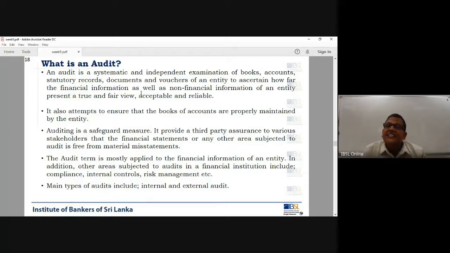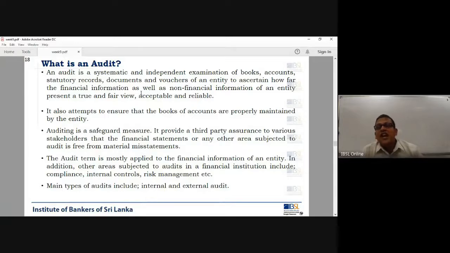The other one is external audit. The external audit, of course, is done by independent people appointed by the shareholders in an annual general meeting.